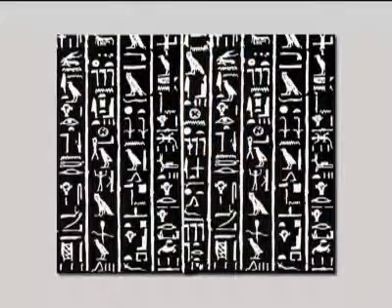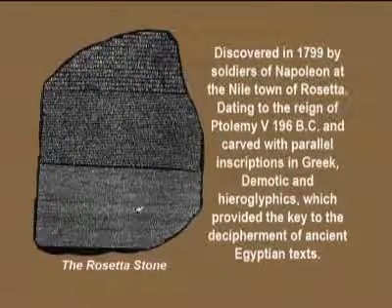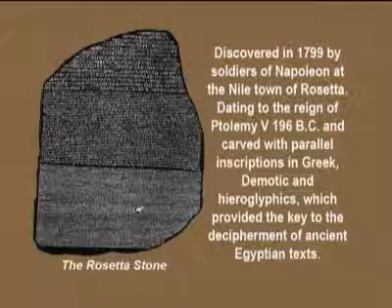On this picture, you see different signs, and my question is: is it information? And the answer is, it could be, but it could also not be. What is the right answer? In 1799, soldiers of Napoleon found in the Nile town of Rosetta this stone.